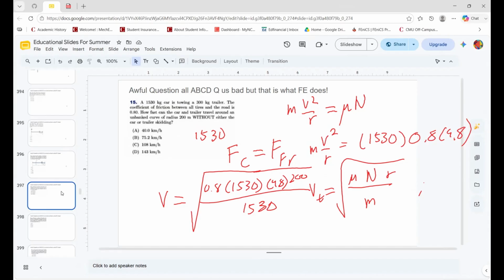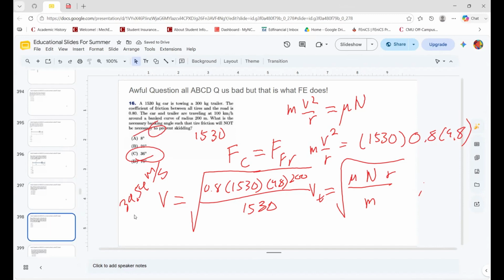I get 39.59 meters per second, but I already saw that. So I will just do the 3,600 divided by 1,000, equal 142. So it's actually D. That's like the 16th time I saw that same way of doing it.